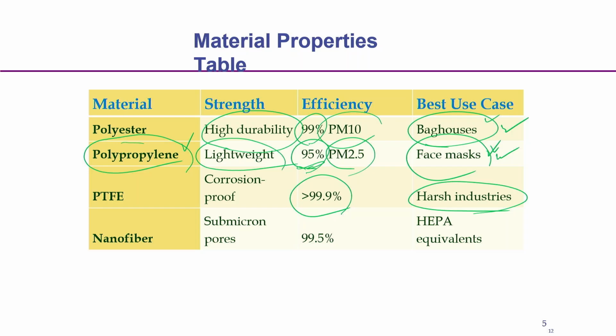And nanofibers are used basically in HEPA filters, where we can get more than 99.5% filtration efficiency. Submicron pores are generated which arrest very fine particles like viruses or bacteria; these types of particles are arrested by the nanofibers.